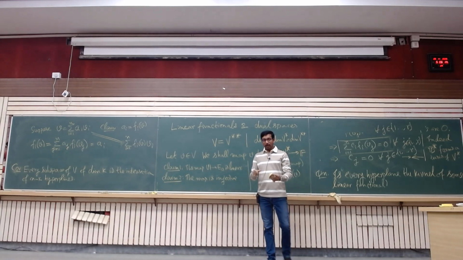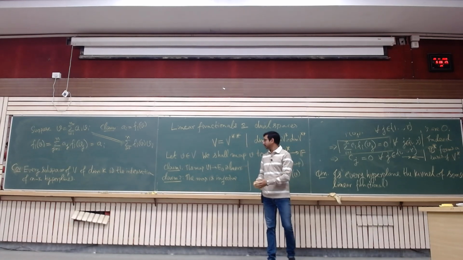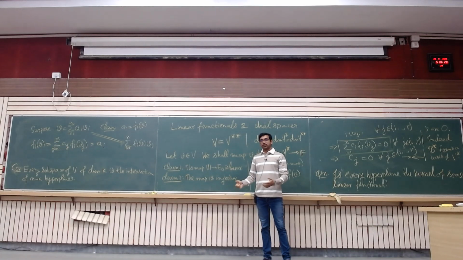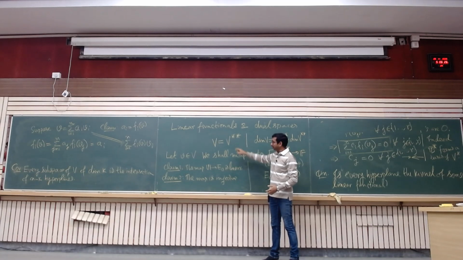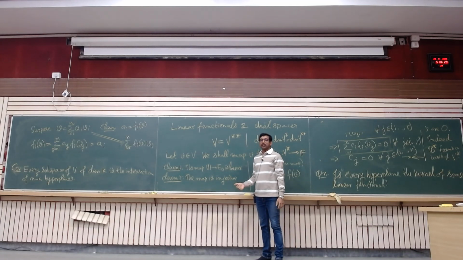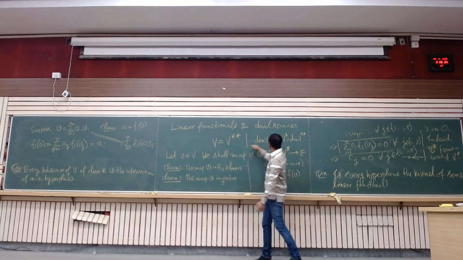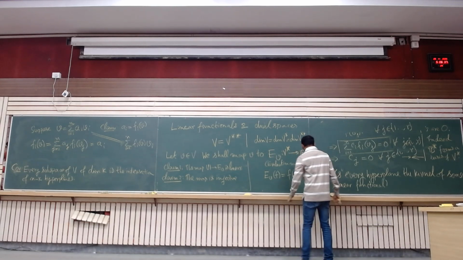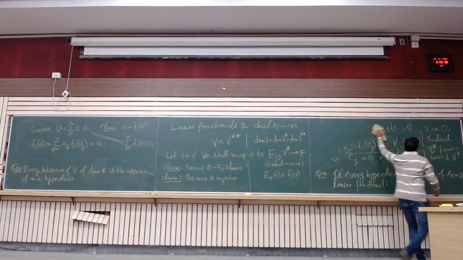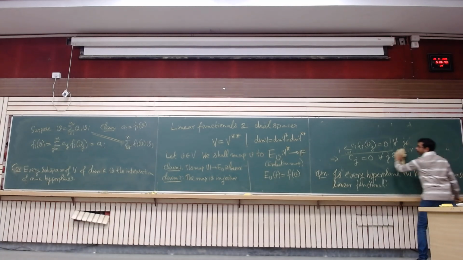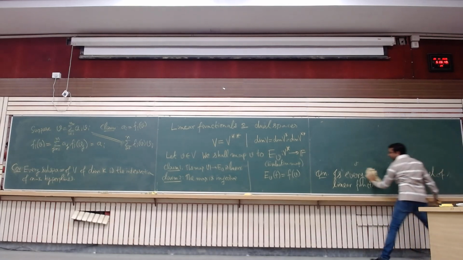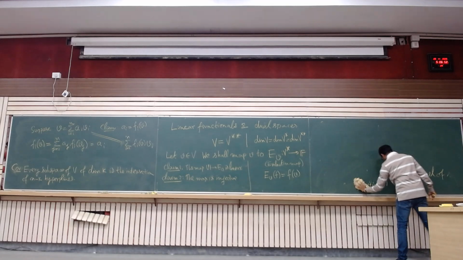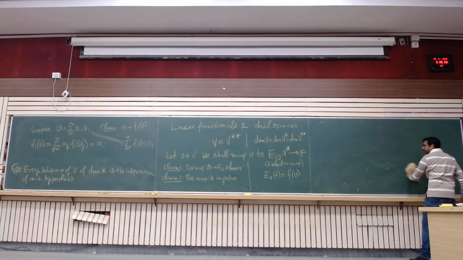If it's a linear map, the image is a subspace of V double dual, and if it's injective, the kernel has dimension 0. So the image has the full dimension, because their dimensions are matching. Okay, so if we prove these two claims, then we are done, because this isomorphism is not referring to any basis of V or V dual. Okay.